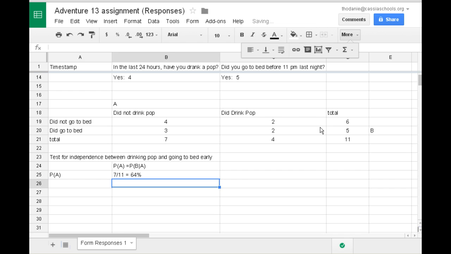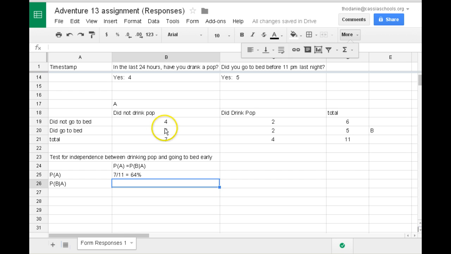Now, what is the probability of B given A? So given that they did not drink pop, out of the 7, what was the probability that they did go to bed early? So given A, they did not drink pop, what is the probability they did go to bed early?